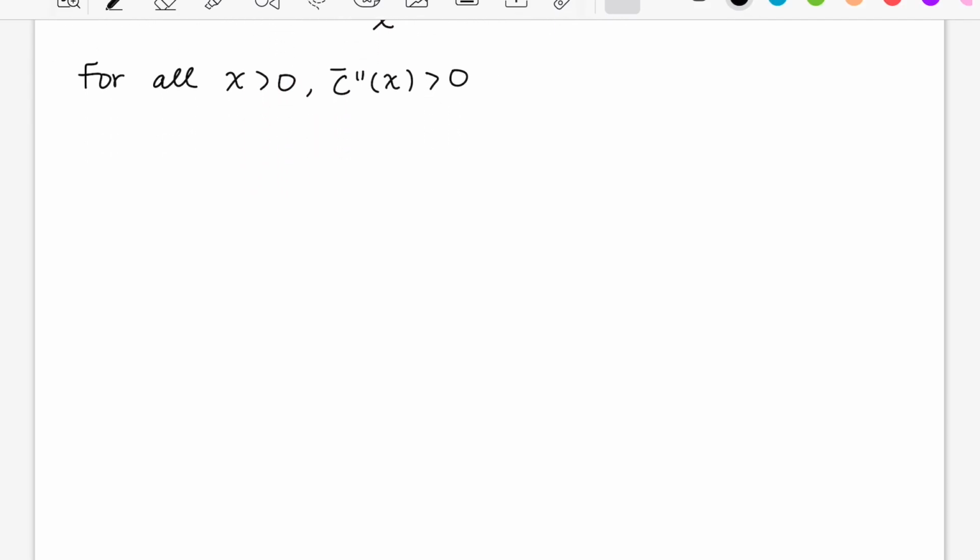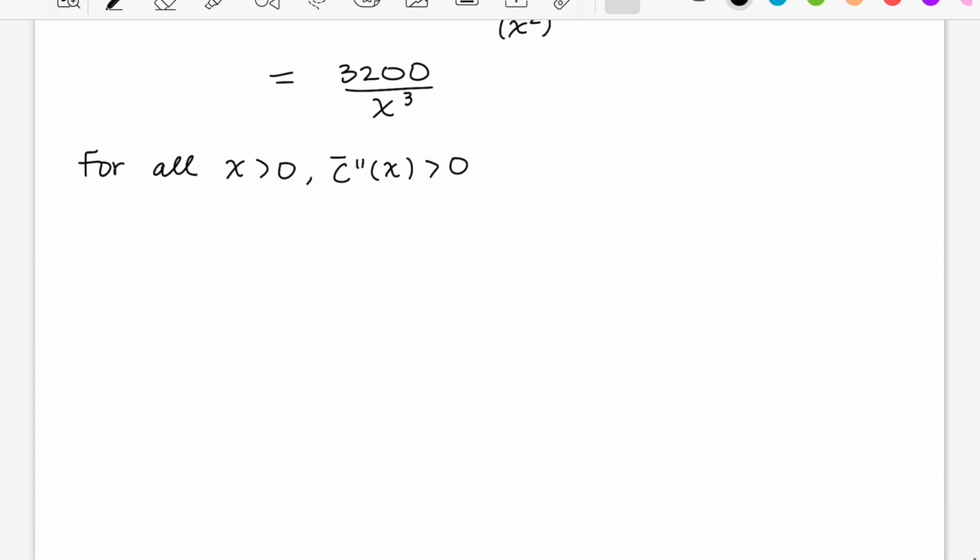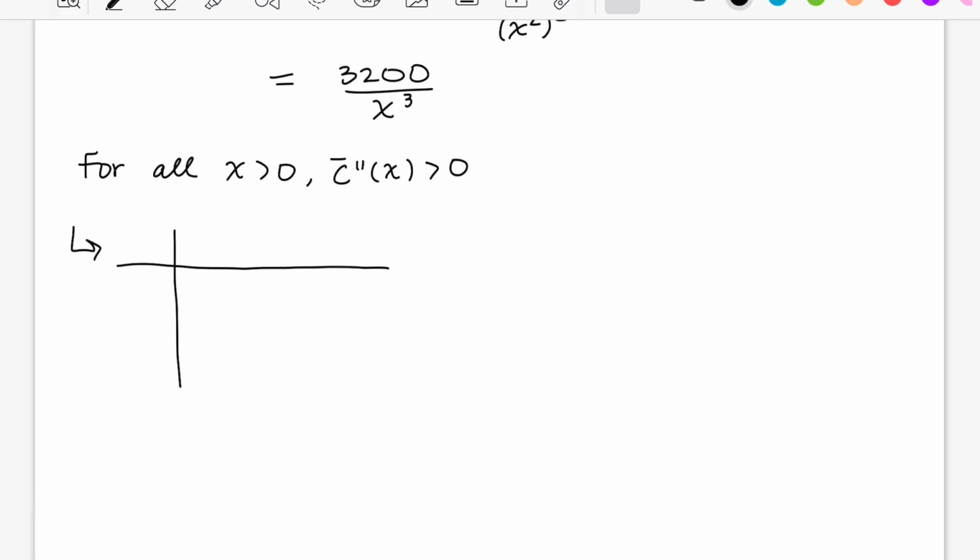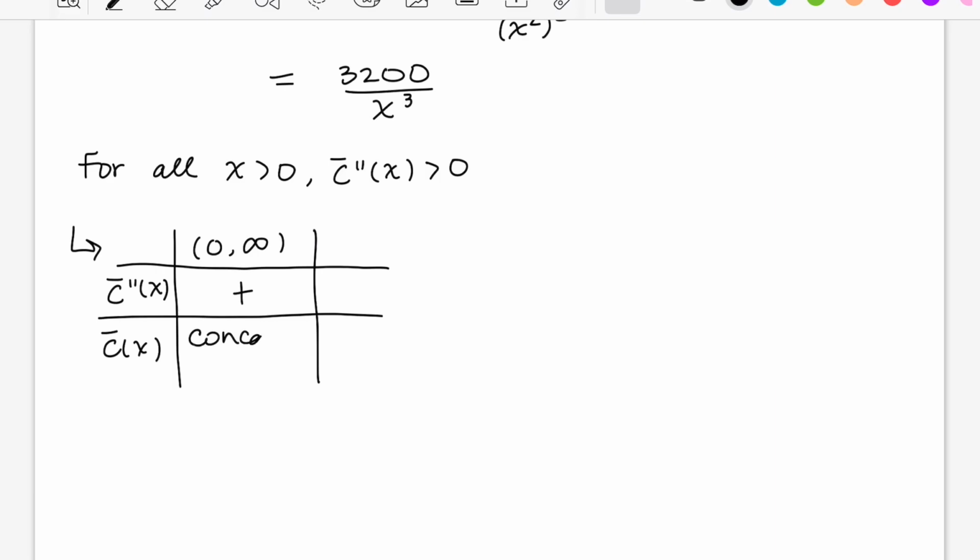So we're going to make a quick sign chart. What this tells us is from 0 to infinity, so over our whole domain, our second derivative is going to be positive, so this tells us our function is going to be concave up.